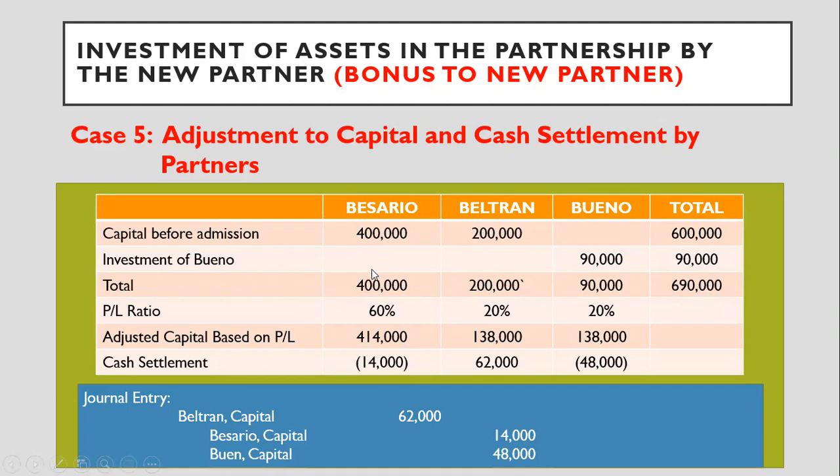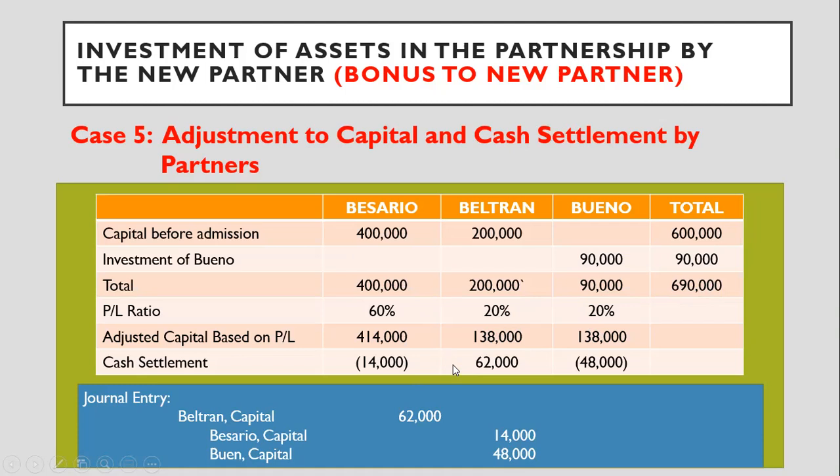How do we determine whether the partners would withdraw or invest more cash to equate to their P&L ratio? Simply multiply the 690,000 by their new P&L ratio. 690 times 60%, Bisario's capital should be 414,000. For Beltran, 690 times 20%, Beltran's capital should be 138,000. And same for Bueno.